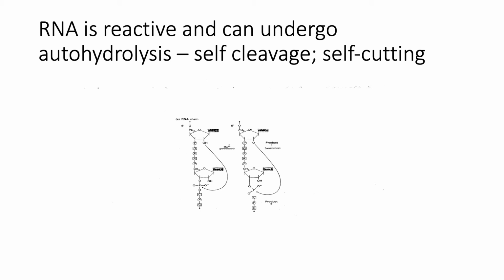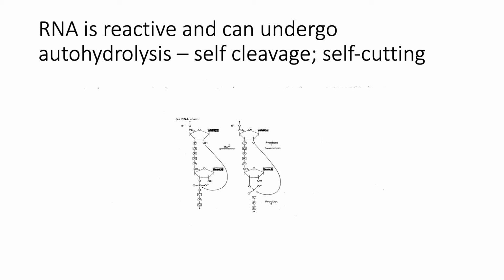So here it says RNA is reactive and can undergo autohydrolysis, self-cleavage or self-cutting. What's shown here is a stretch of RNA, an RNA chain, and it's showing only 2 of the sugars. Look on the left-hand side, it's showing sugar, but then there's phosphate, another base, phosphate, another base, phosphate, and then the sugar that's being shown.